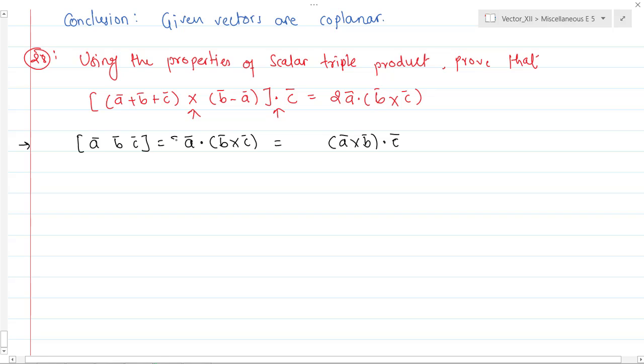This is a standard one, and this is with the help of the property. And this is nothing but the given statement. See here, assume this is one vector cross another vector, dot my third vector. Now let's have the same thing there. We can rewrite the given statement as: a bar plus b bar plus c bar cross b bar minus a bar dot c bar. Very good.